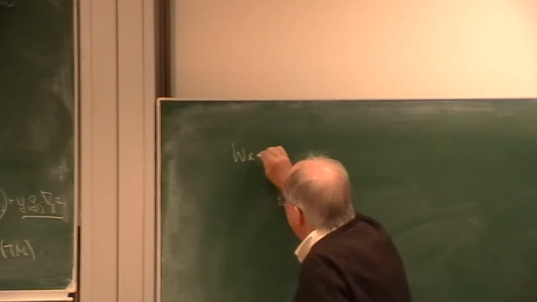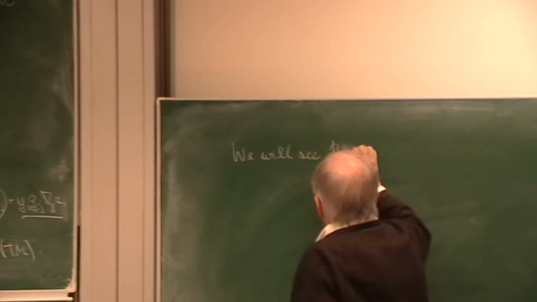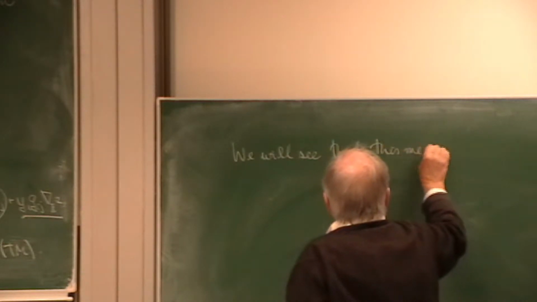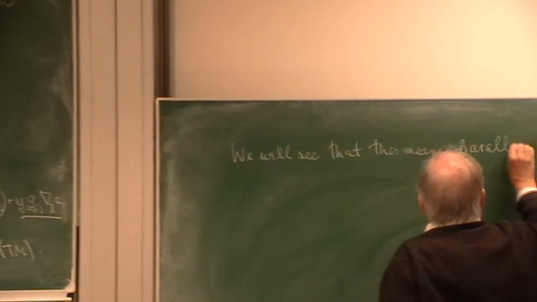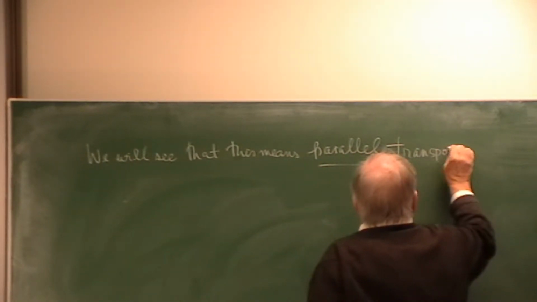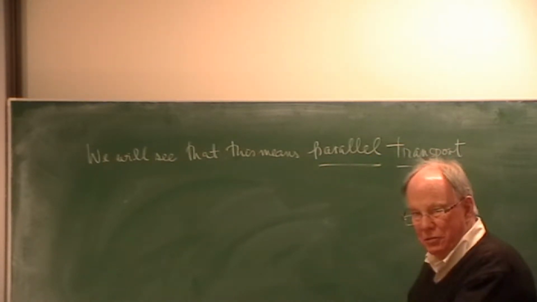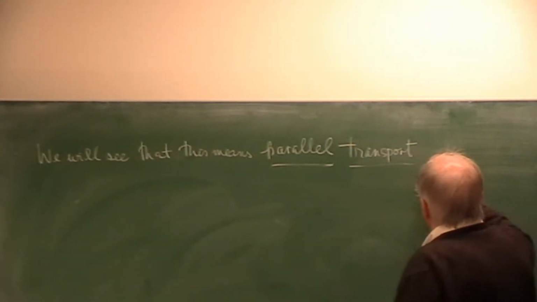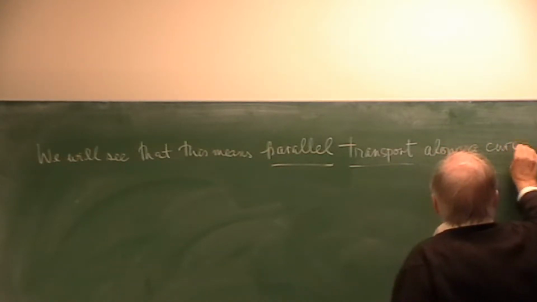We will see that this means parallel transport. It says the metric doesn't change with respect to the connection. So parallel transport along a curve is an isometry.